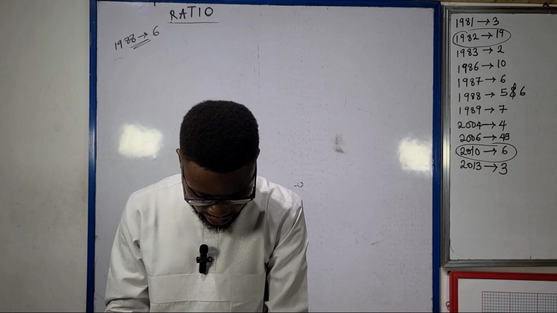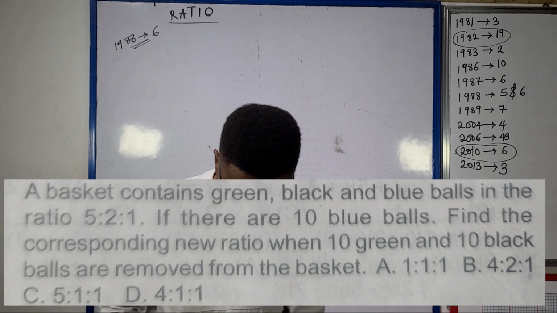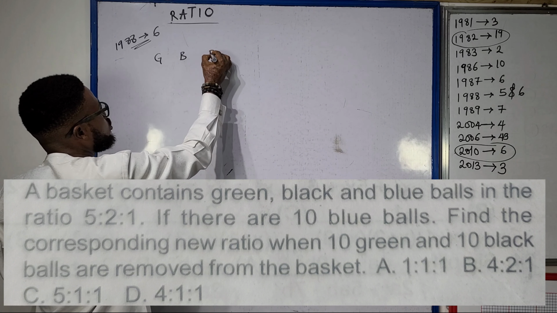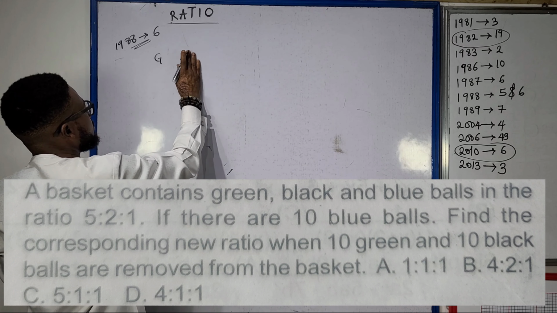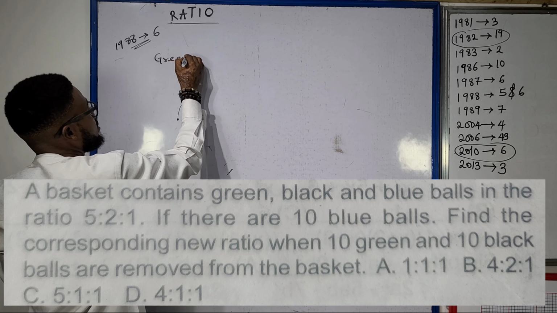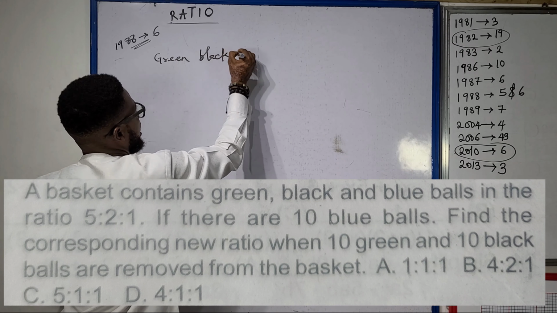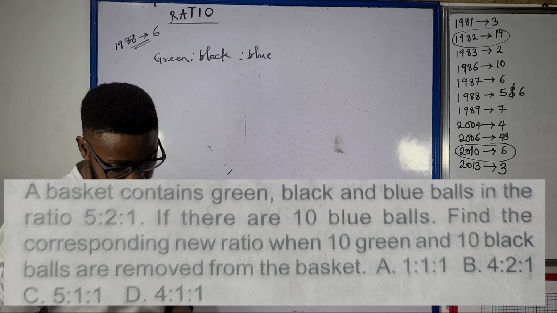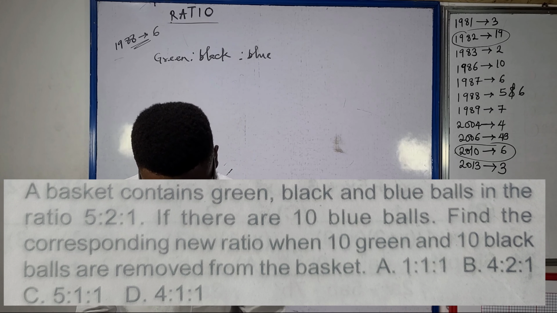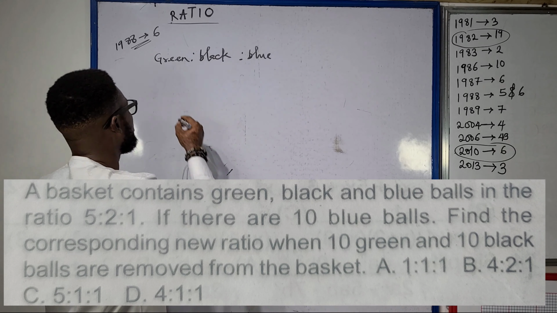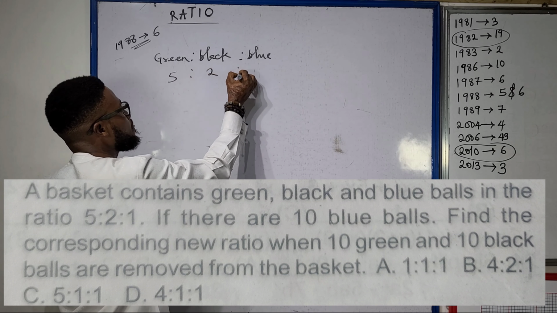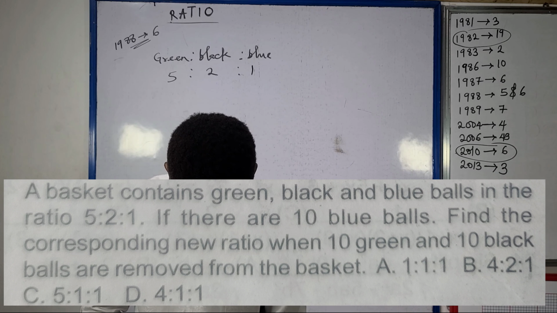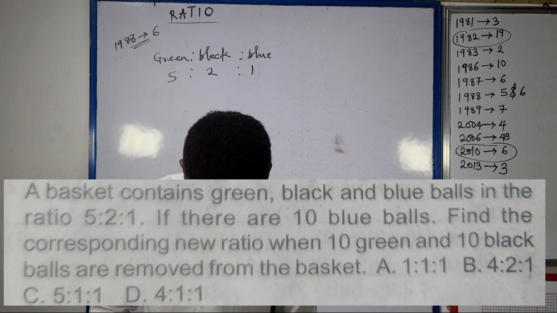As you can see on your screen, a bag contains green, black, and blue balls in the ratio 5:2:1.